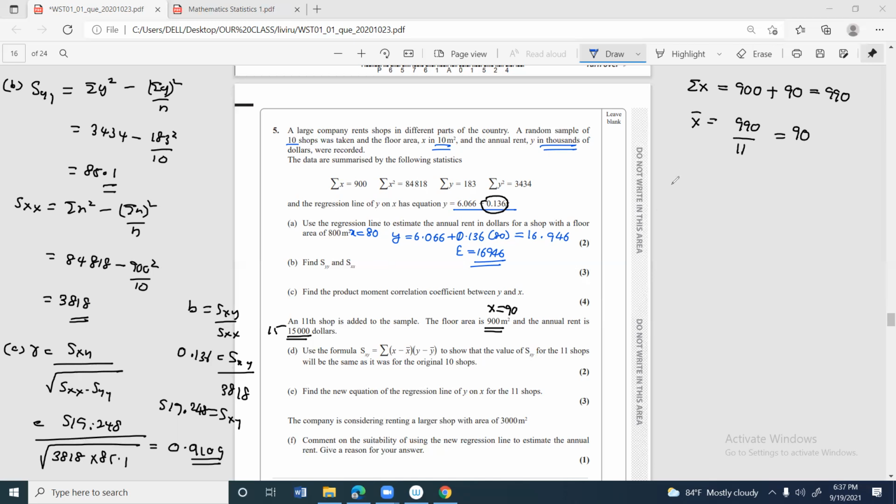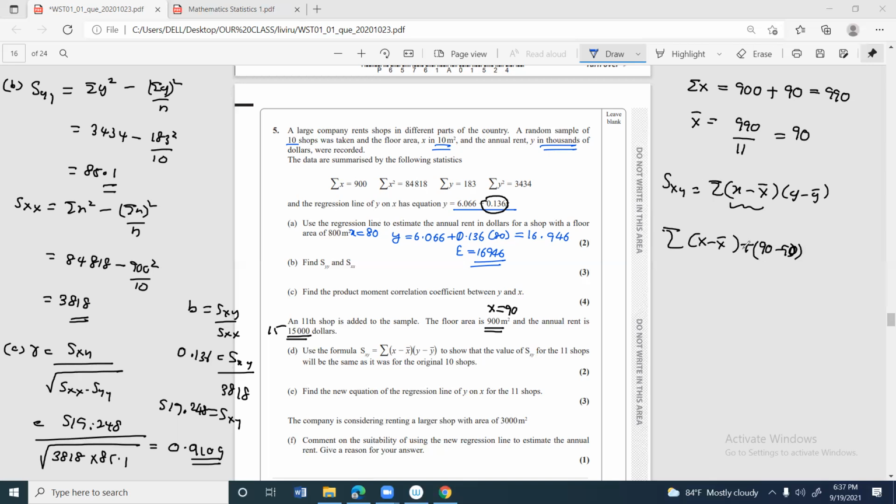Then Sxy is equal to summation of x minus x bar times y minus y bar. Now you can see for this expression, there is another added element. So with the existing x minus x bar figures, plus the new value, which is 90 minus 90. Because the added value is 90 and the mean value was 90. So therefore, it doesn't make a difference over here.